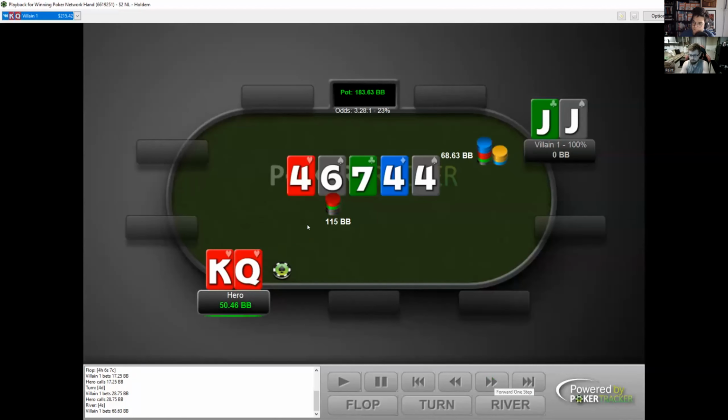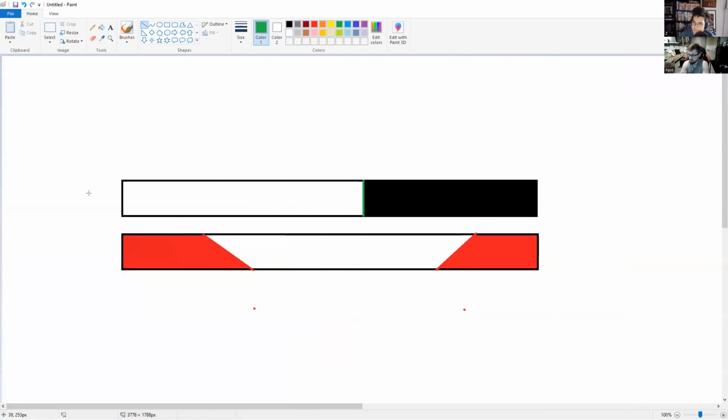That means you fold about 30 percent of your range. So you fold here, and then it's going to be the hands around here that are going to be indifferent.